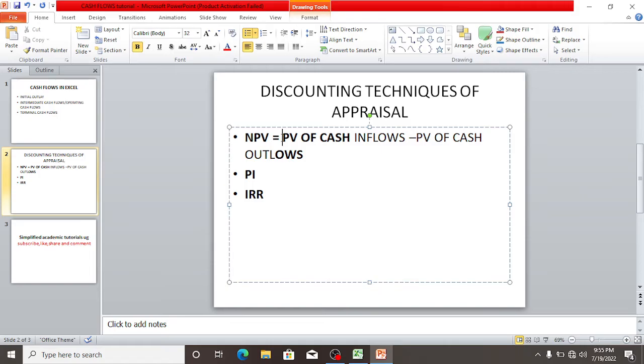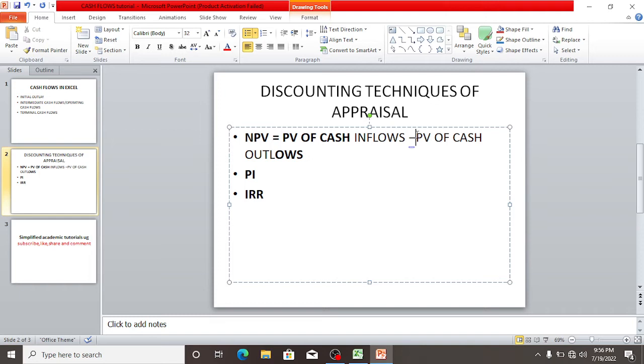So when we get a positive answer, it means that cash inflows are greater than cash outflows. If we get a negative answer, it means that present value of cash outflows is greater than present value of cash inflows. There we reject the project.